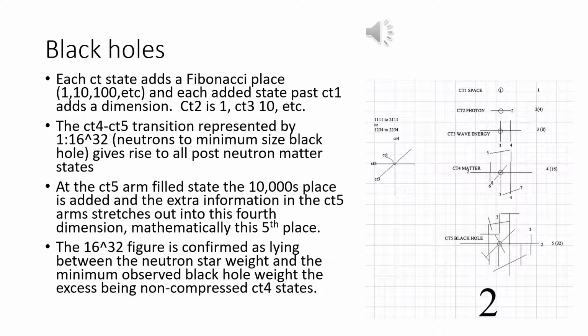Similarly, CT2 photons remain one-dimensional and CT3 waves remain two-dimensional. We see these as three-dimensional because of our perspective and because of the folding which occurs by virtue of higher CT states existing on either side of the next lower CT state. Molecular existence is a mix of the CT3, 4, 5 transitions.